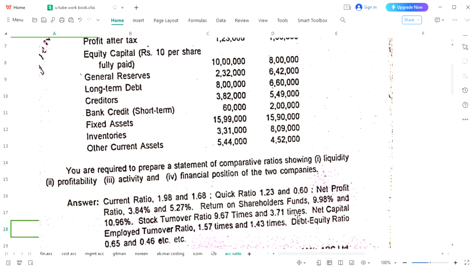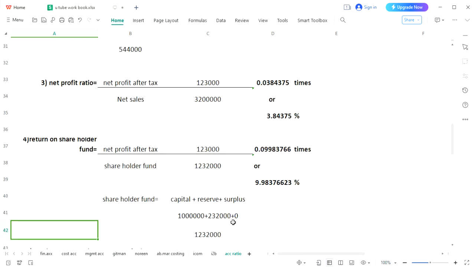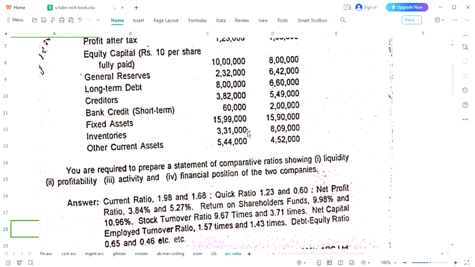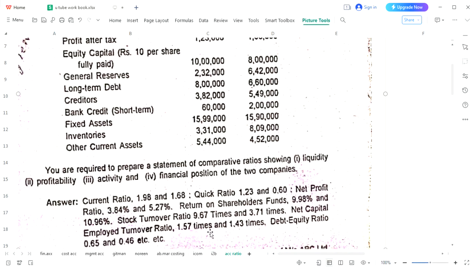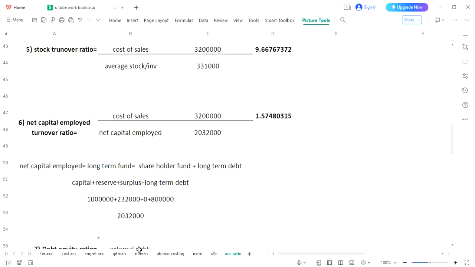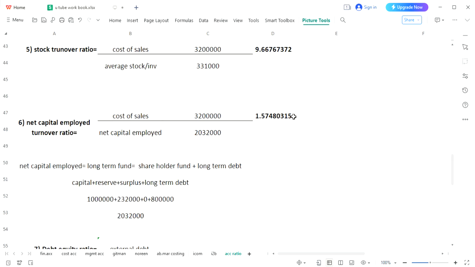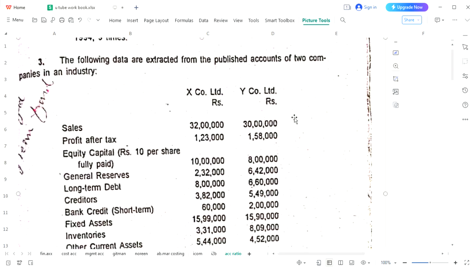And then we have stock turnover 9.67. That's okay. And then finally we have net capital employed 1.57. It has been completed. Then last, debt equity 0.65. All answers are matched. Question has been completed.